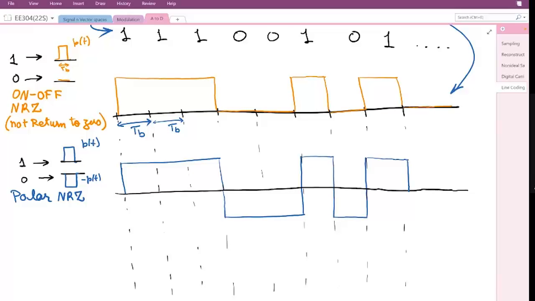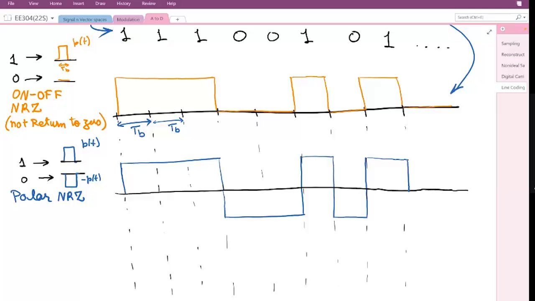If we have a string of ones or a string of zeros, the problem would be how to keep track of this duration Tb. Supposing you have 11 ones, how is the signal going to look? The signal will be a constant DC level, yes or no? Yes, sir. So the problem would be how many ones there were.